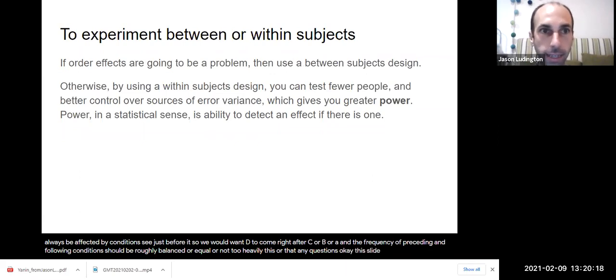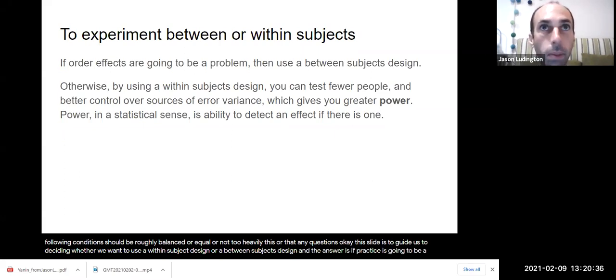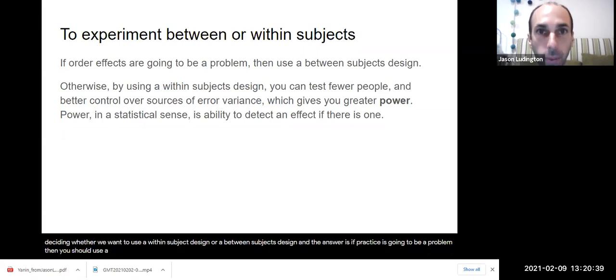Okay, this slide is to guide us to deciding whether we want to use a within subject design or a between subjects design. And the answer is, if practice is going to be a problem, then you should use a between subjects design. If there's some effect of participating in one condition that changes how you participate in the second condition or the third condition, that's a problem.